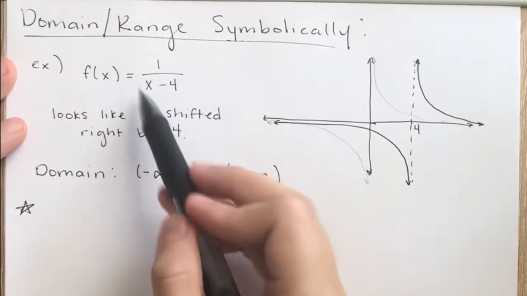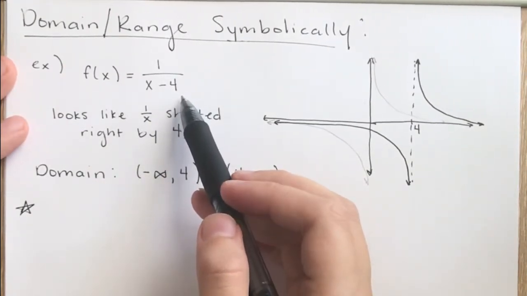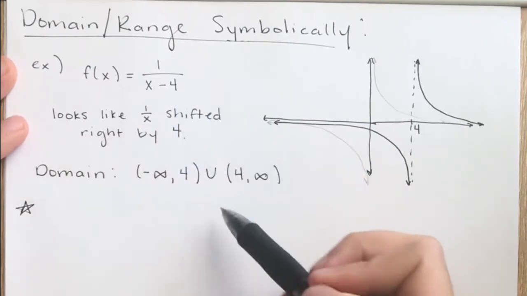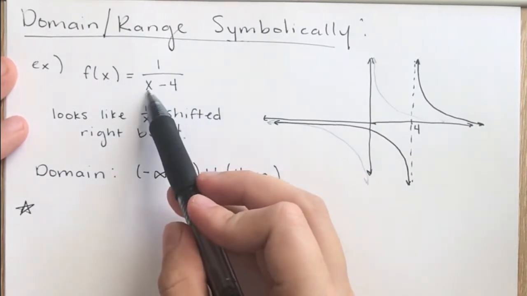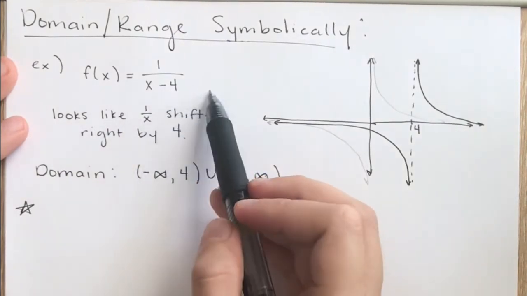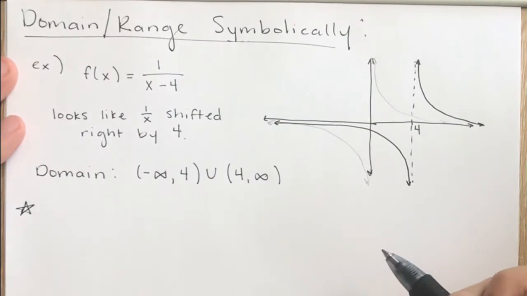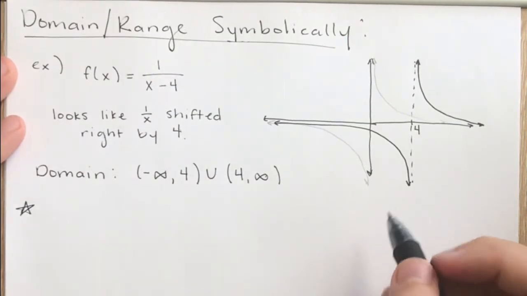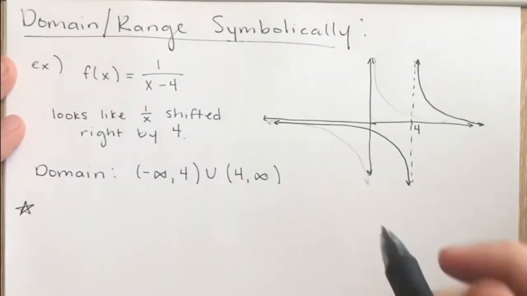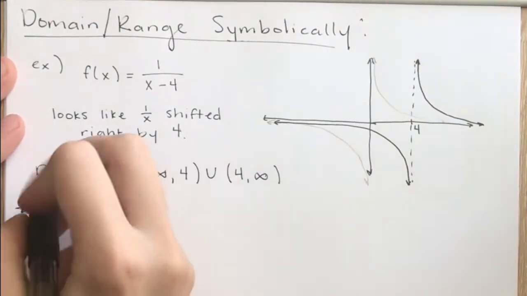Can we see from this function that we have to exclude 4 from our domain? Well, what happens when I plug in 4 for x? I've got 4 minus 4, which is 0, in the denominator. Is it okay for us to have 0 in the denominator? It's not, right? Because it's going to give us this asymptote. So let's make note of that.